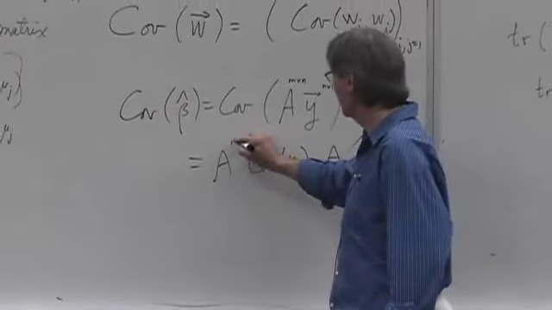So X prime X inverse came out to be 1 over n squared times (x squared bar minus x bar squared), and then times nx squared bar, minus nx bar.